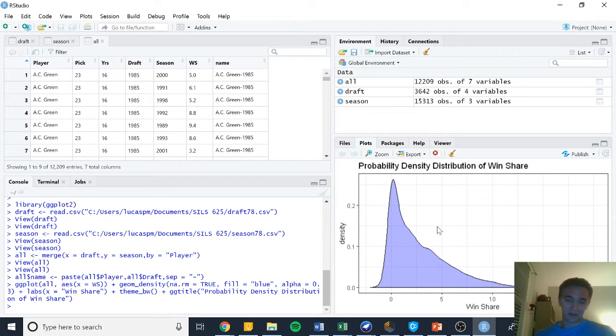So, like I said, there's 41 for an average NBA team that's getting the average amount of wins, 41 total wins to divvy up between the different teammates, and then there are 15 players on an NBA roster typically, and there's also 30 teams in the NBA. So here you can see a probability density distribution. There's actually a surprising number of players below zero.